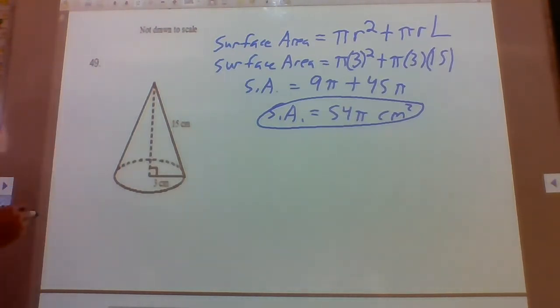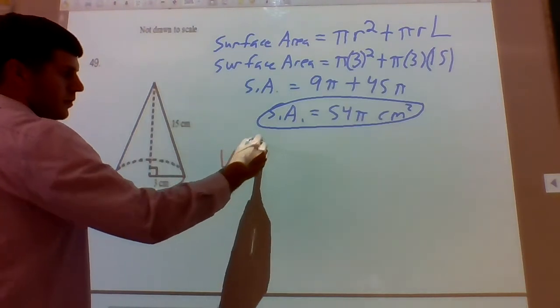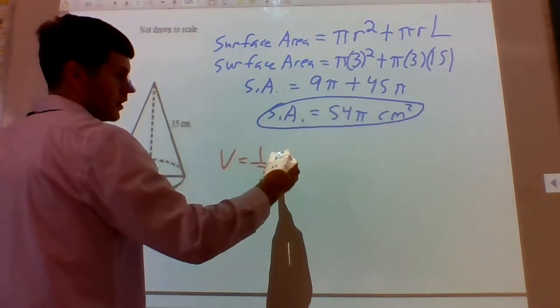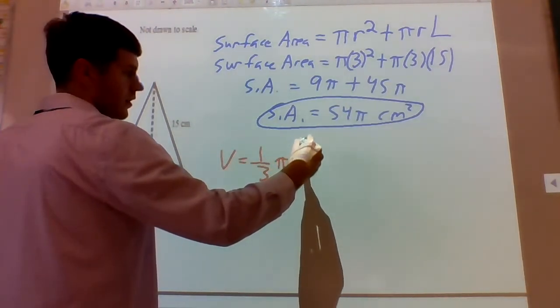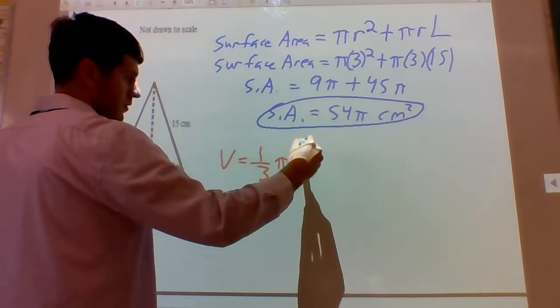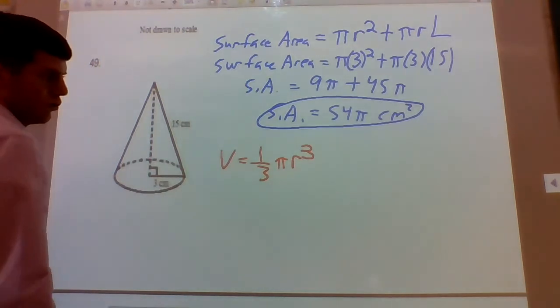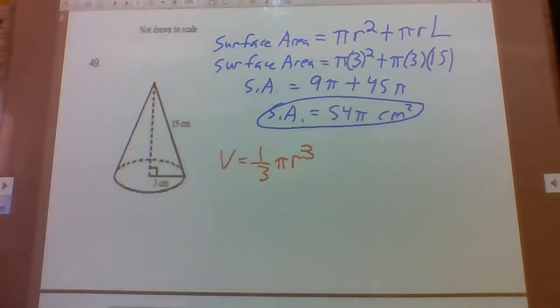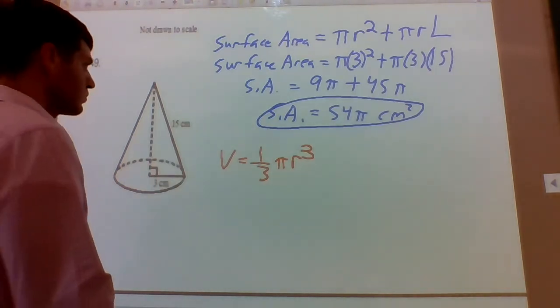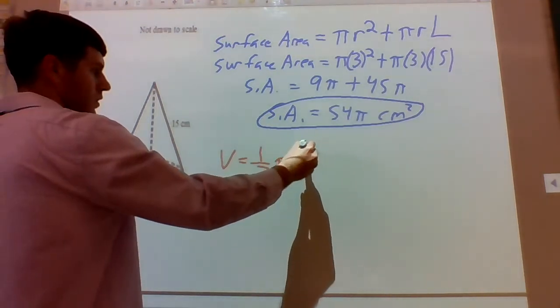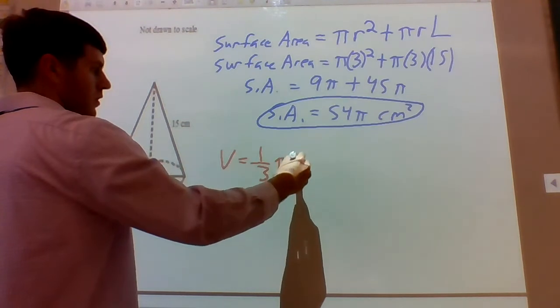Let's do volume. Volume is going to be 1/3 pi r squared h.